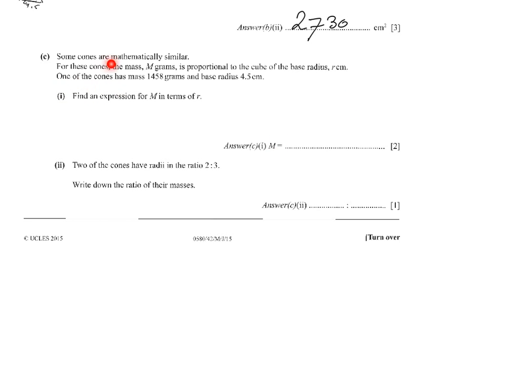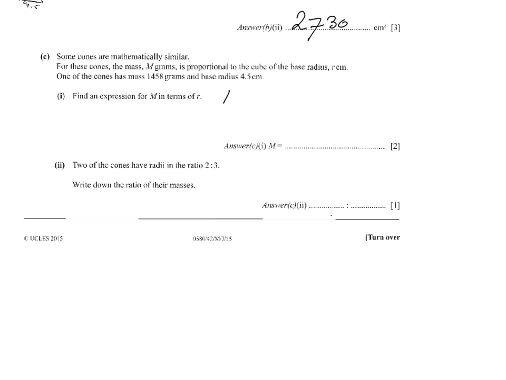And then they say one of these cones, so we're talking about completely different cones than before, has a mass of 1,458 grams and the base radius is 4.5. Find an expression for m in terms of the radius. Now I've got to find that scale factor. But I do know the radius. So what can I do?